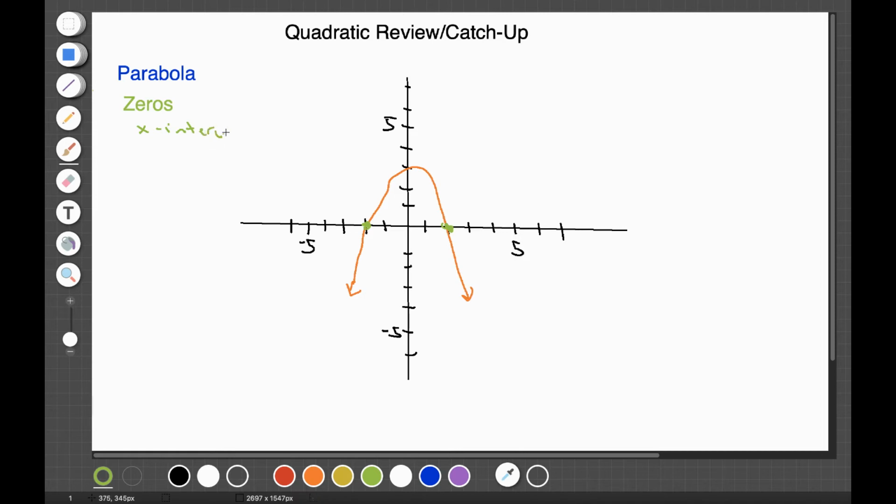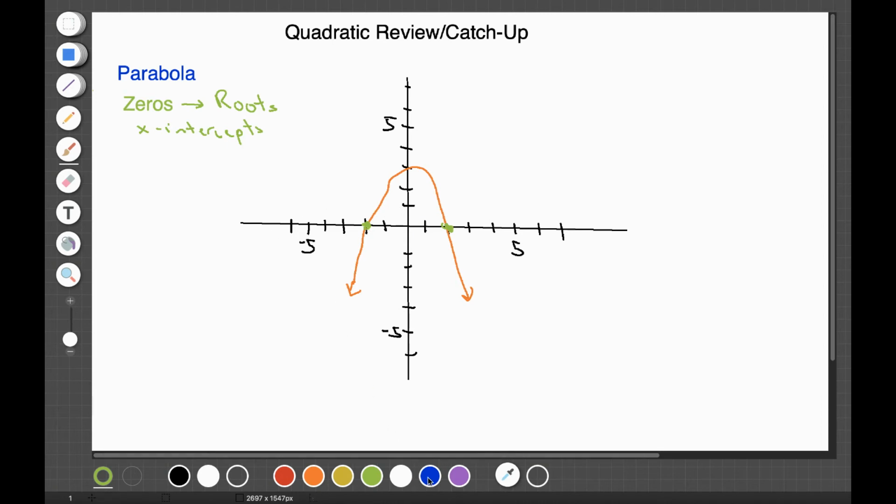And there's another really important thing that we're going to see this unit: zeros are also called roots. And you're going to see me use these two words interchangeably this unit. So we'll see zeros a lot, but then we'll also refer to roots. And then actually later we'll refer to solutions as well, but let's just stick to zeros and roots right now. So those 2 points.